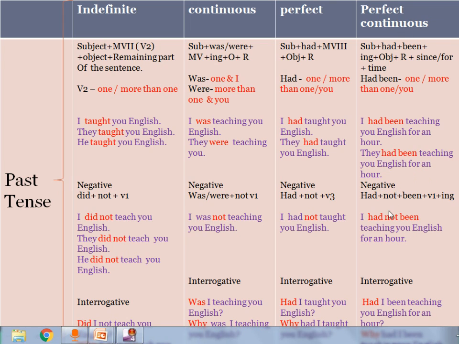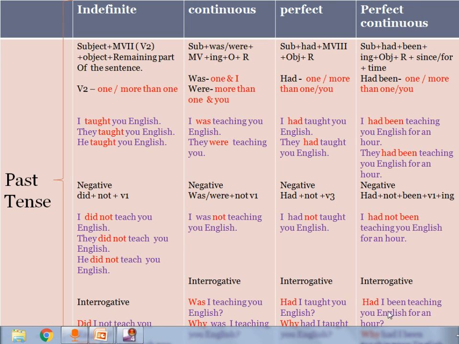And to make negative we use not just after had. I had not been teaching you English for an hour. Time is also given, first form of the verb is here, had is also here and not is also used, so we can say the sentence belongs to past perfect continuous and it is negative.